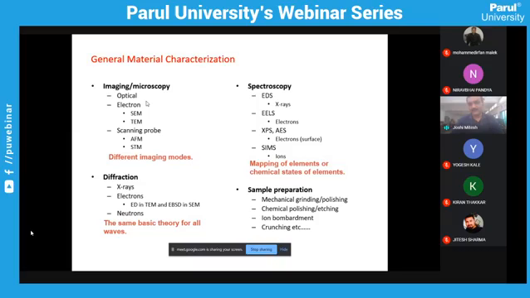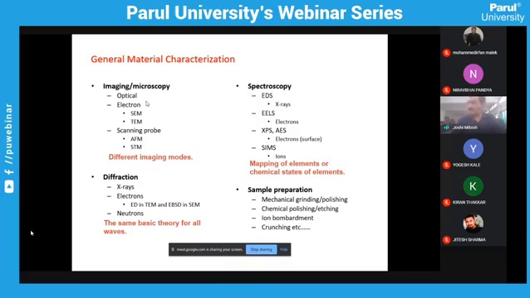In spectroscopy, you are allowing the material to reflect or absorb some amount of light in different forms. Like in some cases, you can use X-rays, called energy dispersive analysis of X-rays. You can use electrons, where energy loss electrons are there, so it is called EELS.